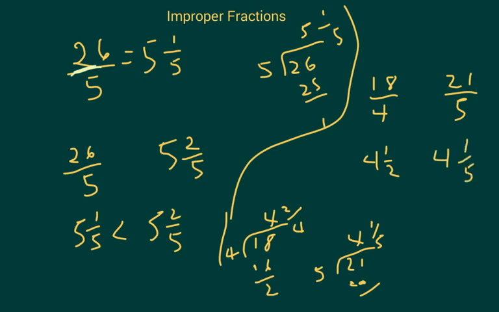Now hopefully at this point you can use logical reasoning to know how 1/2 compares to 1/5. You can think about a number line where you have 0 and 1, and here's a half. Where does 1/5 fall? Is it between 0 and a half or between a half and 1? Obviously 1/5 would be somewhere in this area.